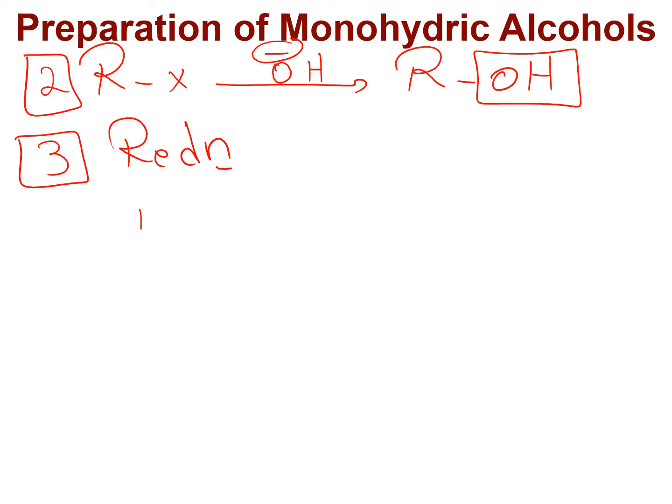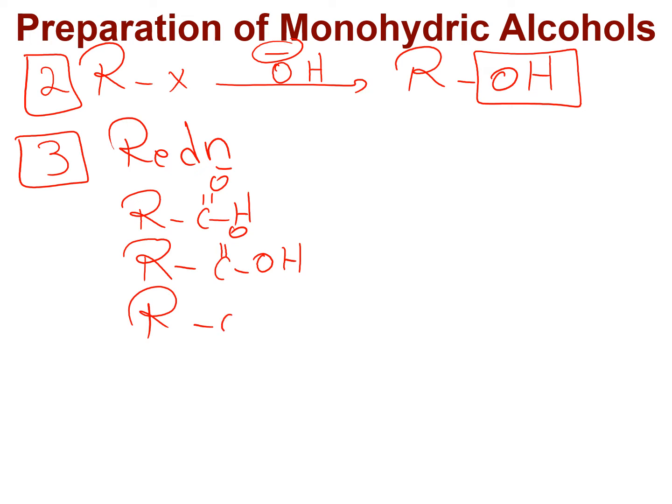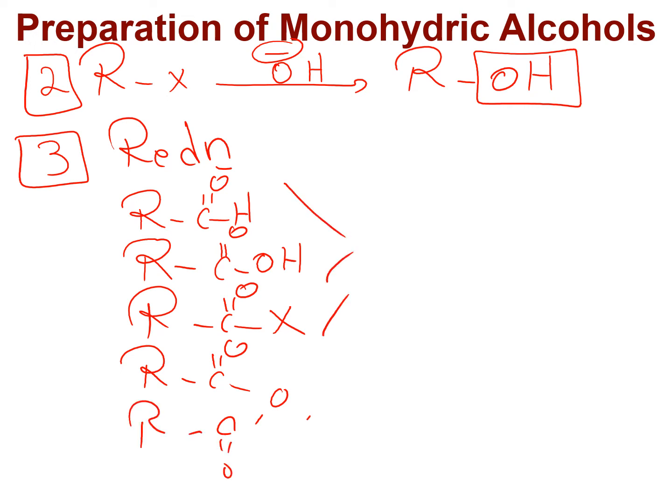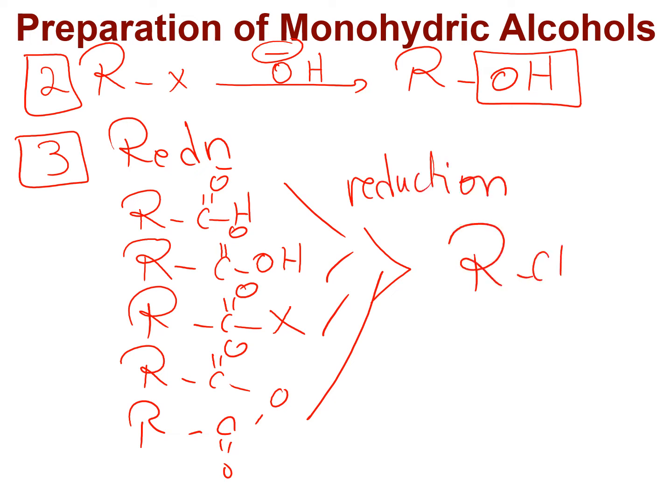For example, you can reduce aldehydes. You can reduce acids, and you can reduce acid derivatives such as acid halides or esters. All these compounds, if you reduce them, you will end up with the alcoholic compounds.